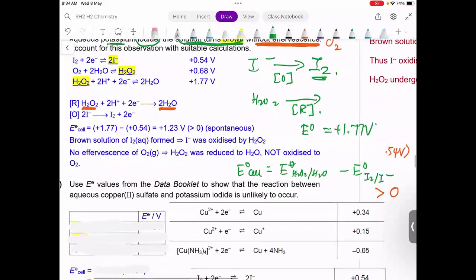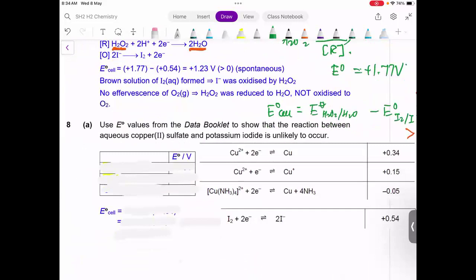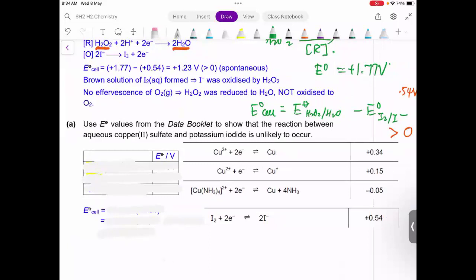Okay, I move on. If you look at question 8A, E naught values from data booklet. Use E naught values from data booklet to show that the reaction between the two is unlikely to occur. If you look at copper 2 sulfate, sulfate is unlikely to take part in the redox. It's very difficult.